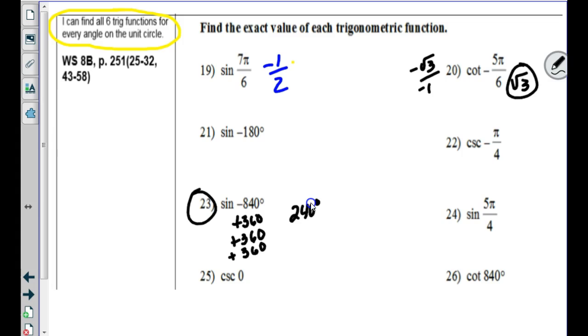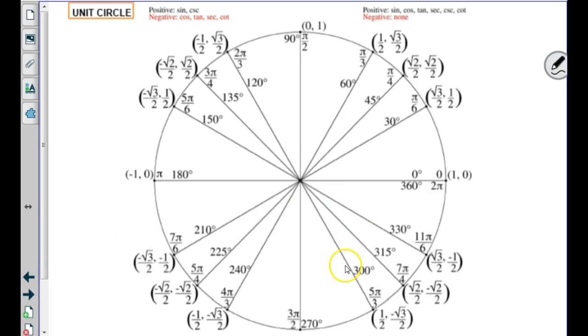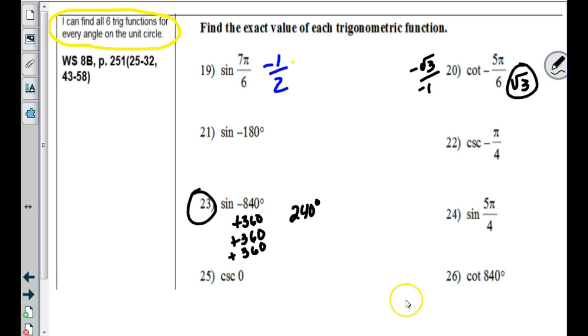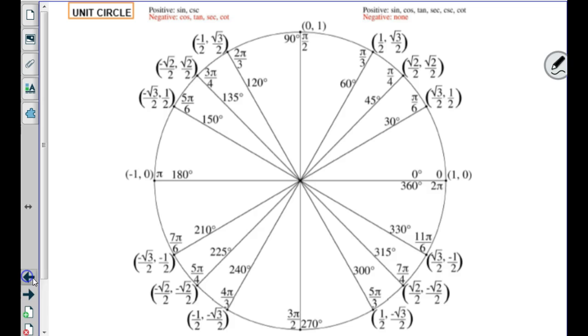No? Okay, so positive 240 is the same place. So if I'm at positive 240 right here, here's my ordered pair down here. So it wanted the sine. So it's just negative square root of 3 over 2.